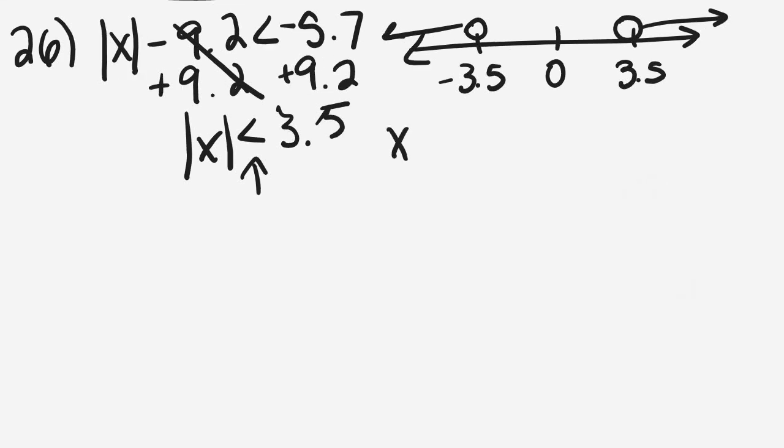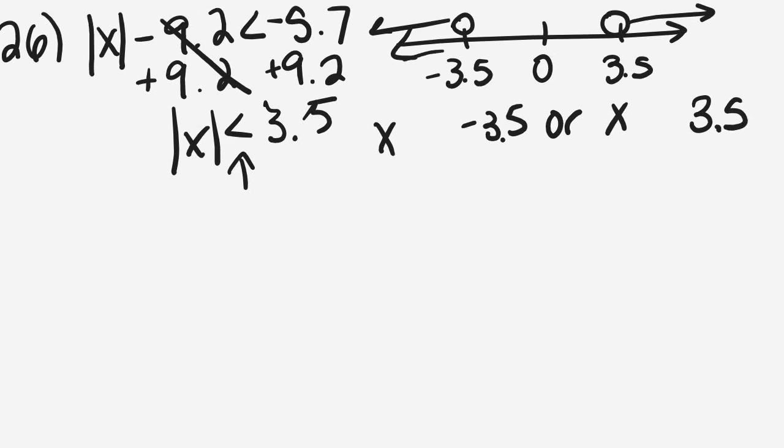So we're going to have x less than negative 3.5 or x greater than 3.5. So we want all the x's that are less than negative 3.5 and all the x's that are greater than 3.5.